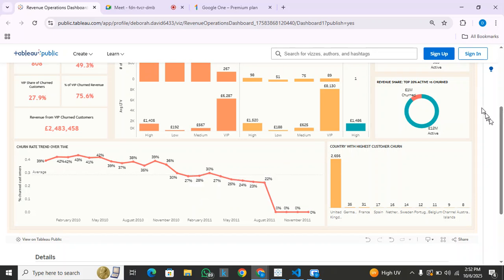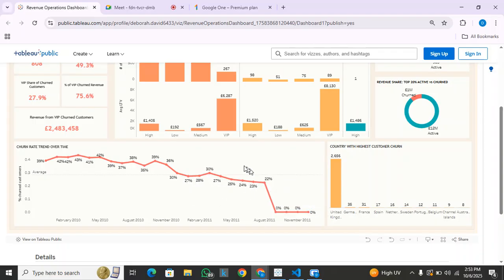The churn trend over time shows that in 2010, especially the first half of 2010, the churn rate went high. This business lost customers in the first half of 2010. The second half of 2010, it dropped a little bit, but in 2011 there was a significant drop.